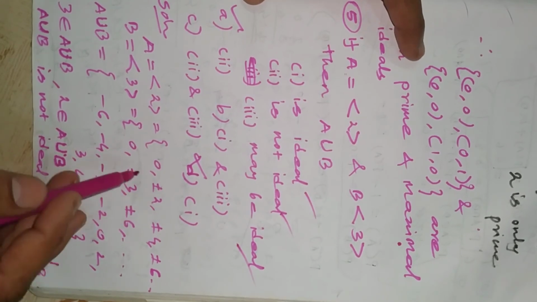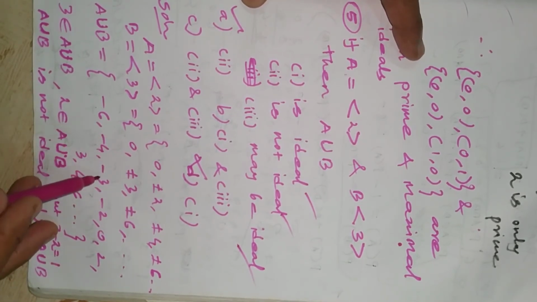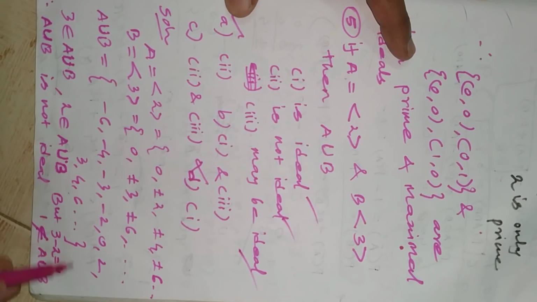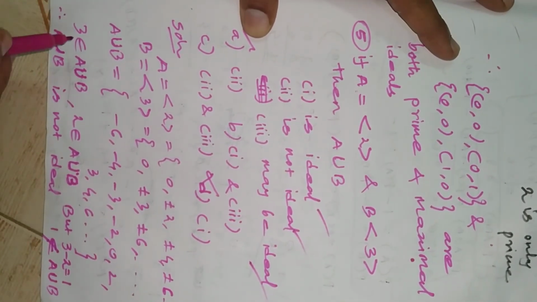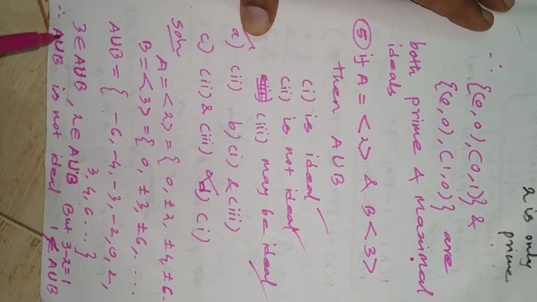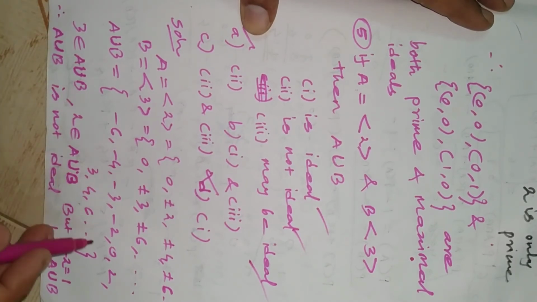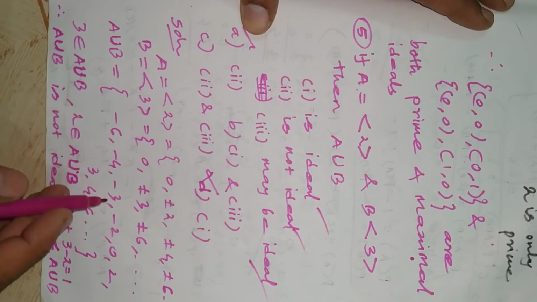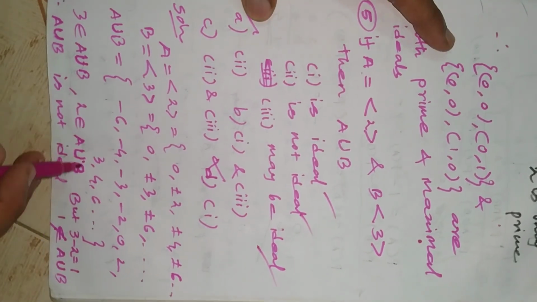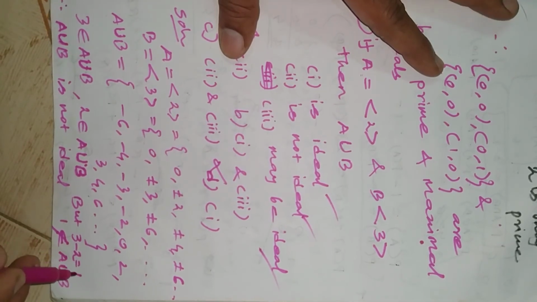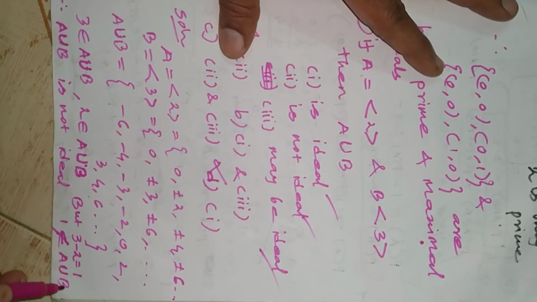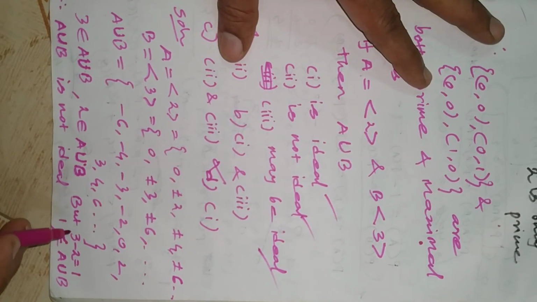You can union these 2 sets: elements -6, -4, -3, -2, 0, 2, 3, 4, 6 and so on. The well known steps: I take 3, an element in A union B, am I right? 3 I take. Then I take 2, one element. But what about 3 minus 2? 1.